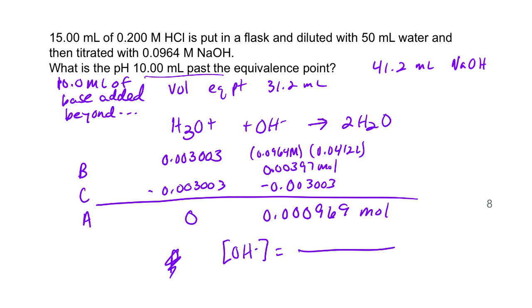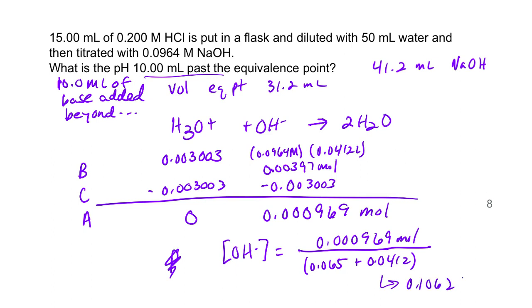So we have our 0.000969 moles. And the total volume now is 0.065 plus 0.0412. Total volume of 0.1062 liters. So our hydroxide concentration is 0.00912.